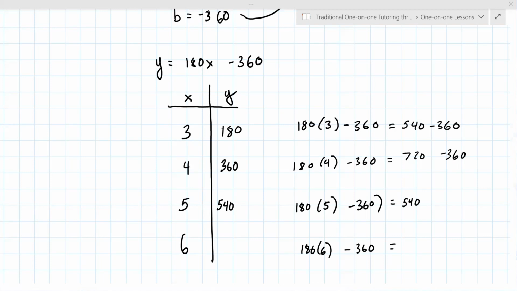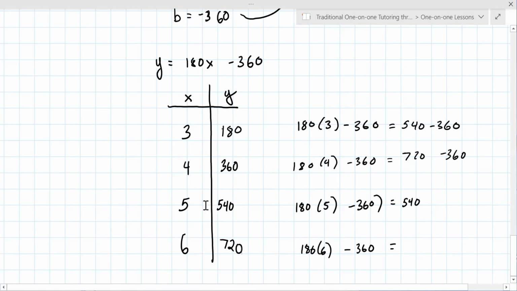You have to first multiply it by 6 and then subtract 360. 720. Yes, that is correct.